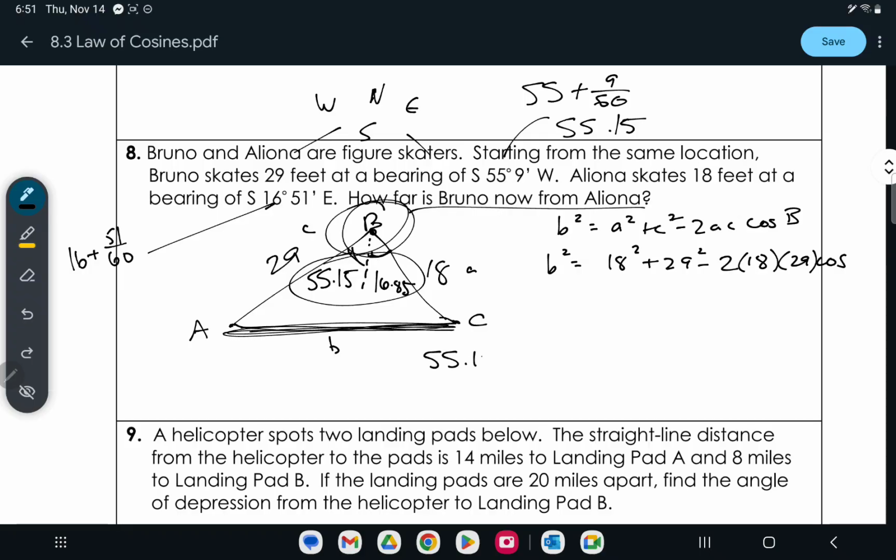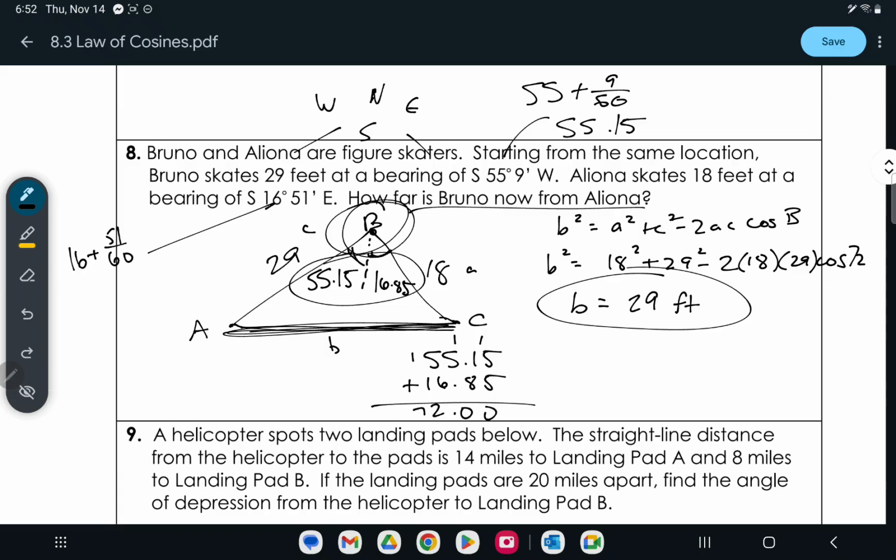So 55.15 plus 16.85. Let's see, 8, 9, 10, 12, 72. So cosine 72. And then I can take the square root of both sides, and I'll get 29 feet. And alrighty, there we go.